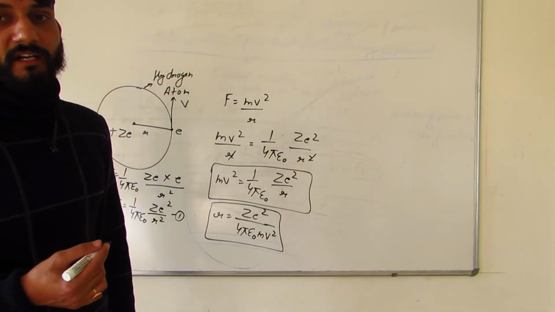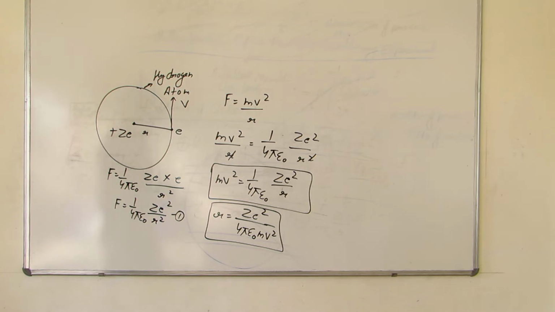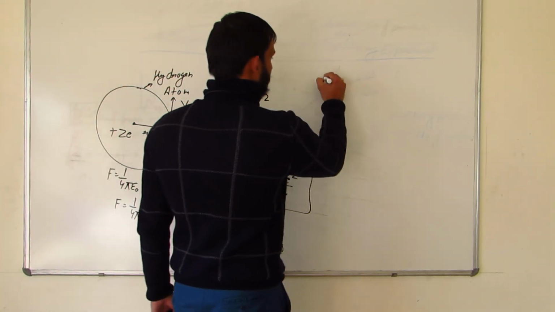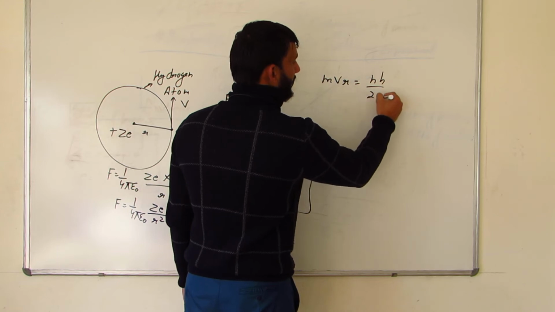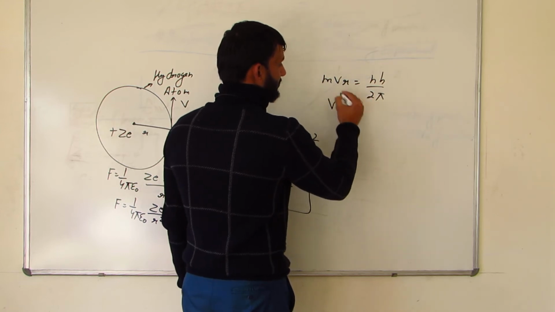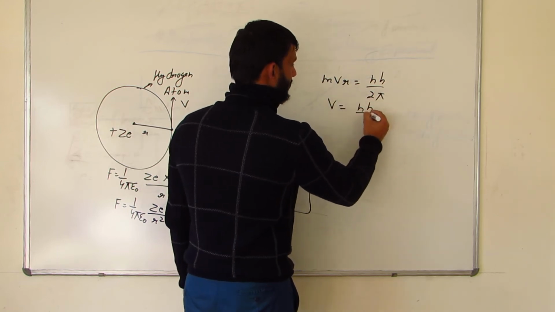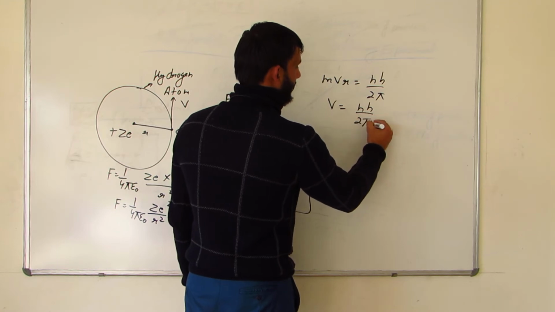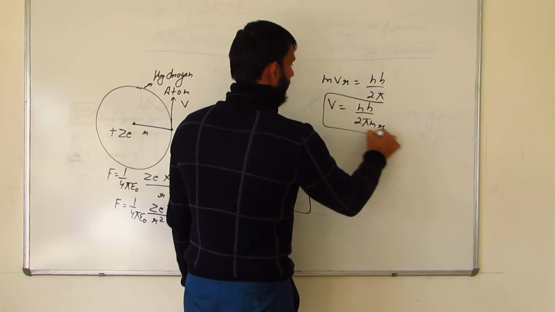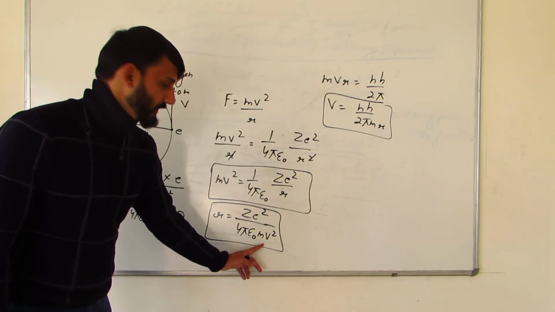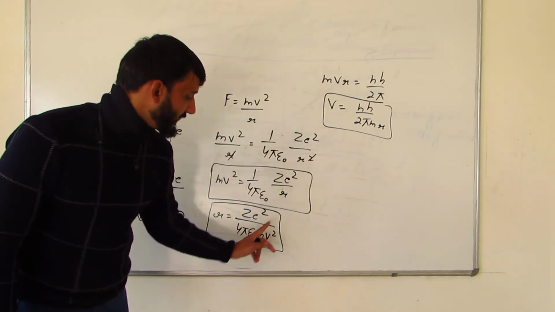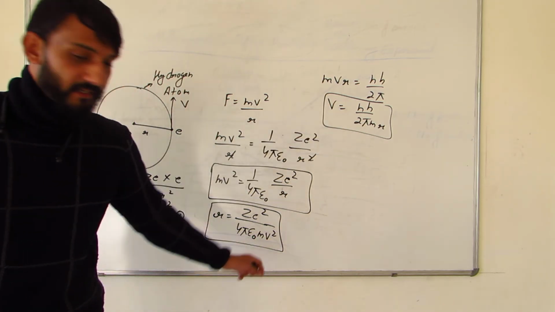Now, what was Bohr's quantization condition? You all should know that Bohr's quantization condition was mvr equals nh upon 2 pi. I will find the value of v from here, nh upon 2 pi mr, and put the value of v here, squaring it because it is v square.